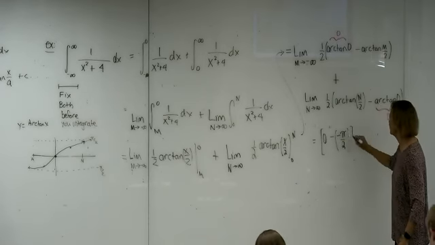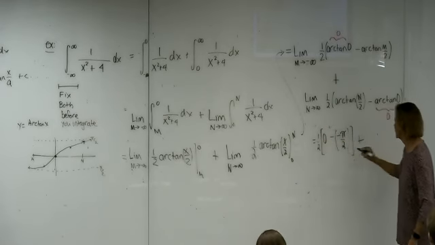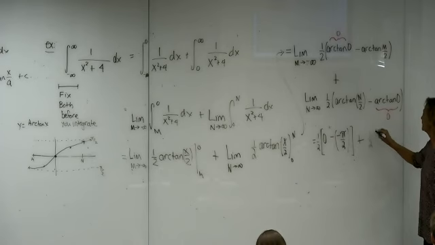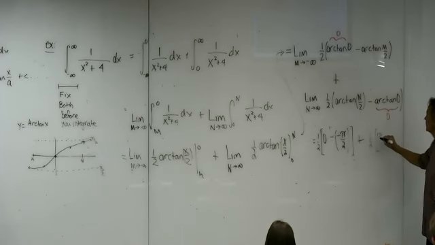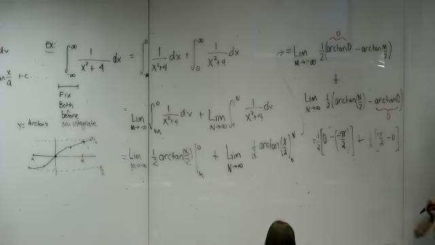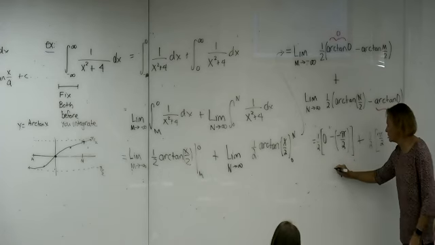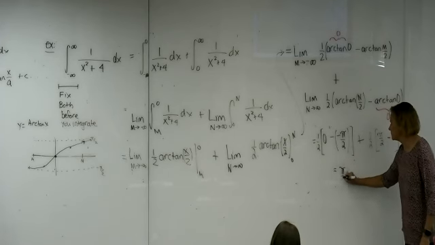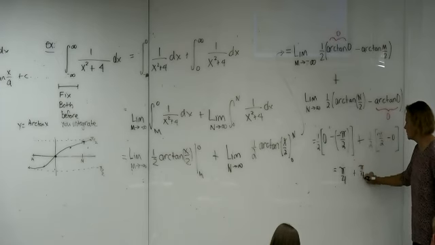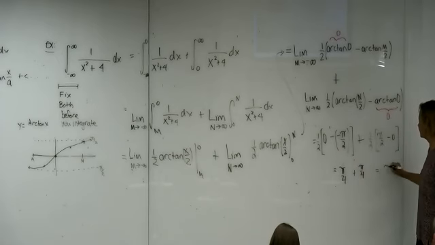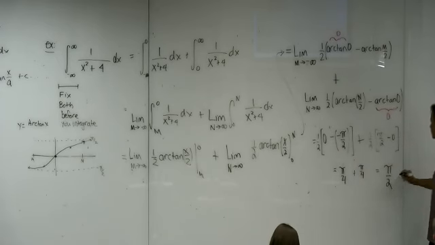Let's put a 1/2 out here. N goes to infinity, this goes to positive pi over 2, and that goes to 0. So this first batch here is going to become pi over 4. Second batch is pi over 4. So this thing all adds up to 2 pi over 4, or pi over 2. So it converges.